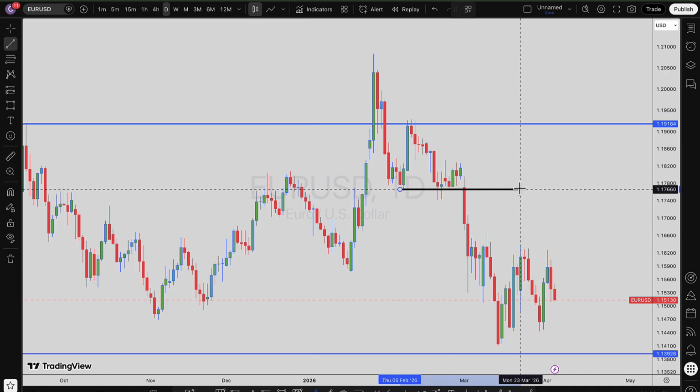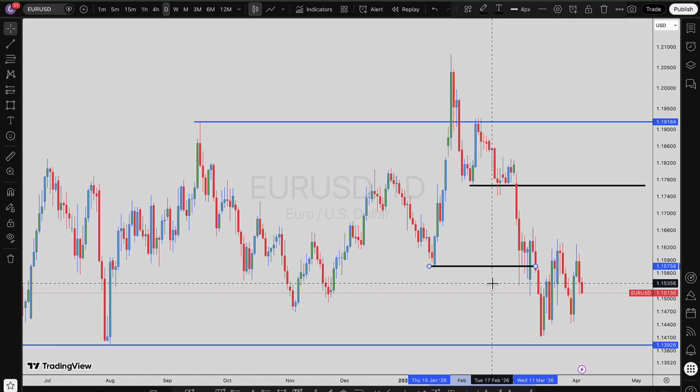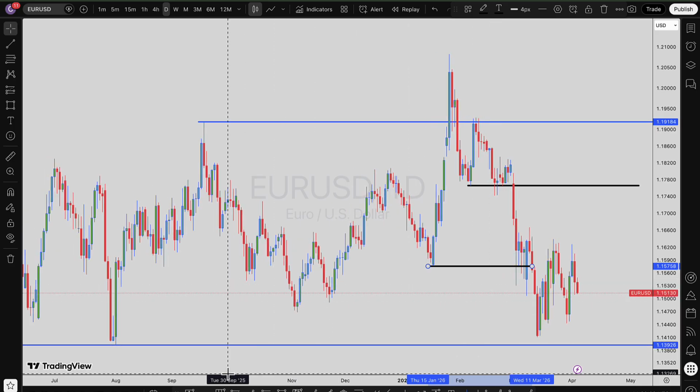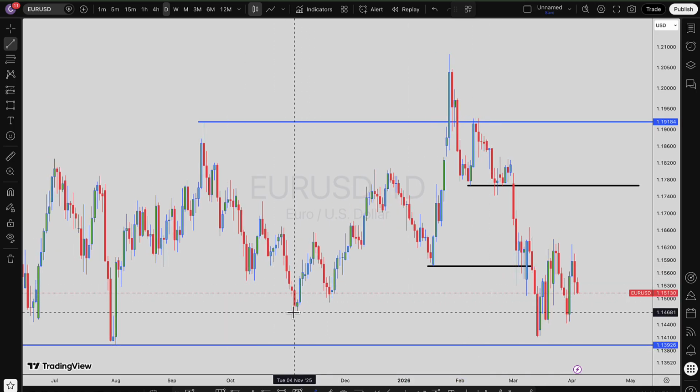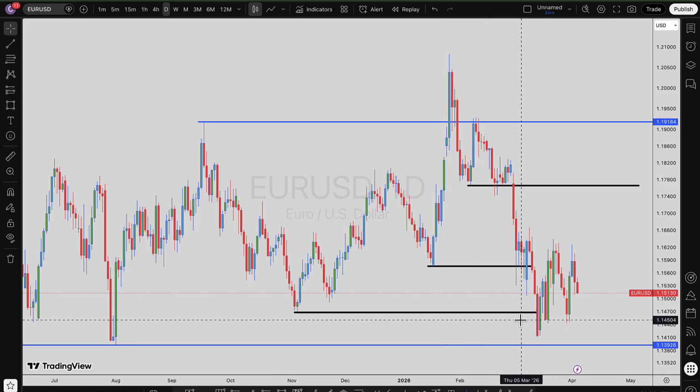So this might still be a point of interest in future. Now we have this break of this low high right here. You can see how it deceived traders. Price crashed down. We had another structure at this level which price is still struggling to respect. Right now, these are what we have on the day chart.